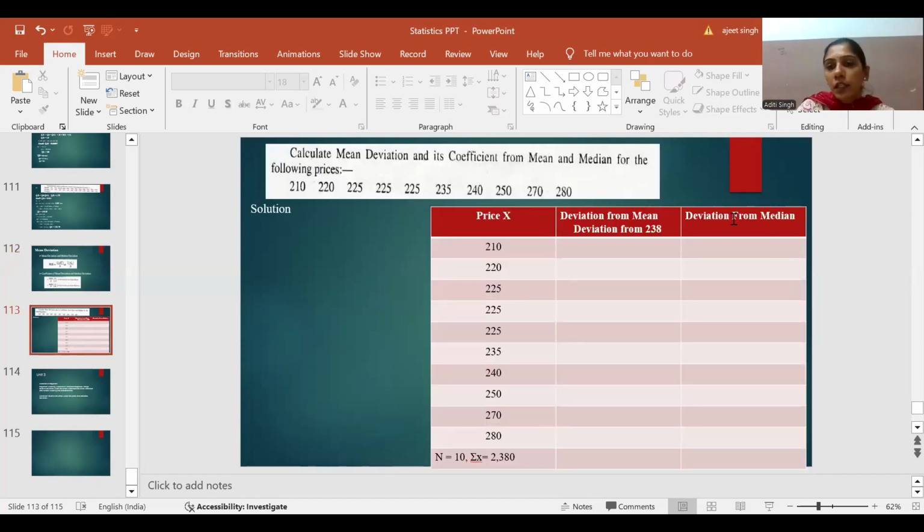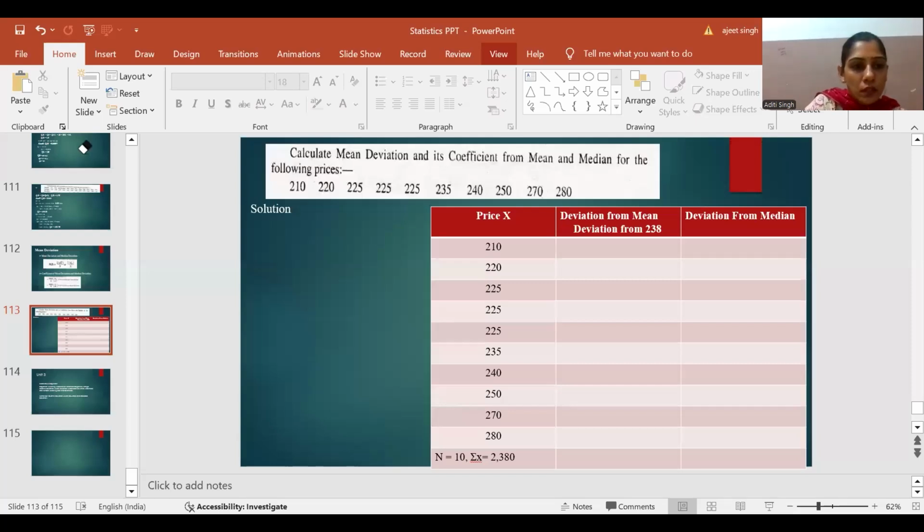Now, similarly, first of all, we have to calculate the value of median, then we have to calculate the deviation from that median. So how do we calculate the median? First of all, we have to find the median number. The formula for the median number is (n plus 1) divided by 2th item.